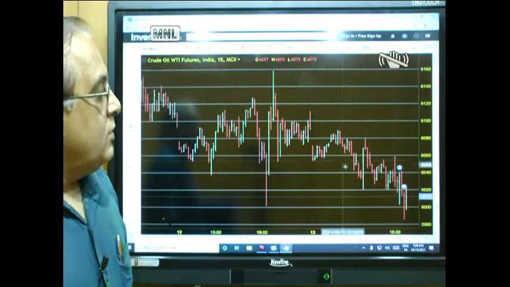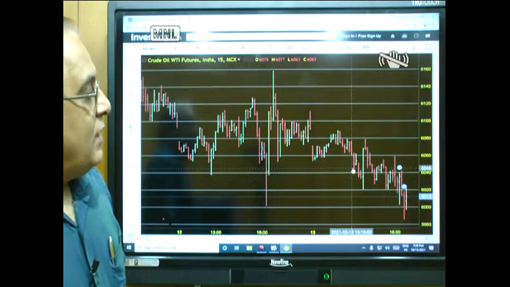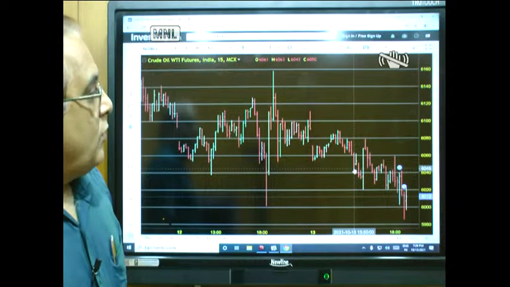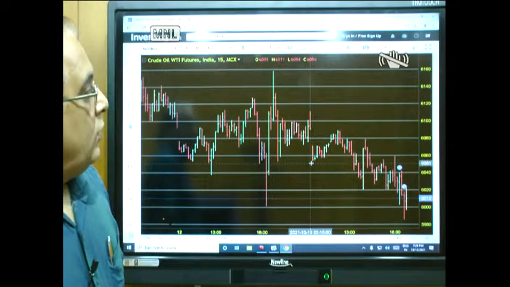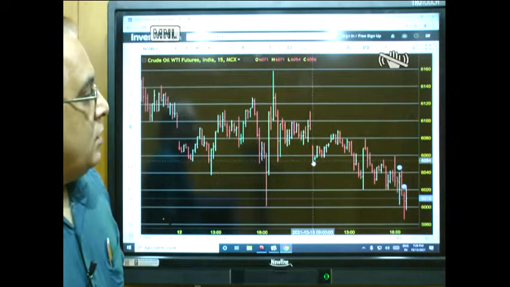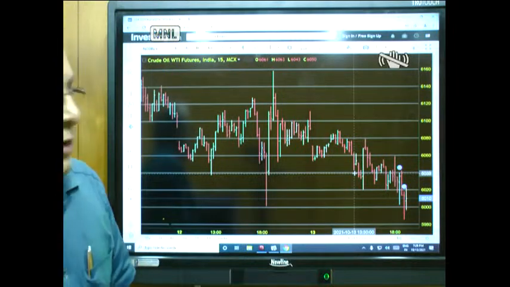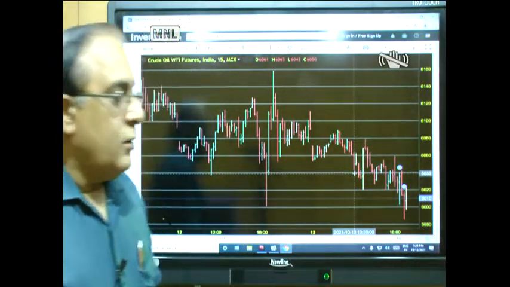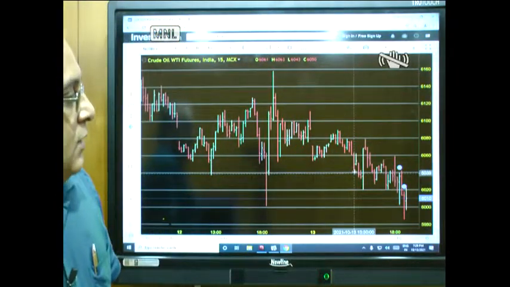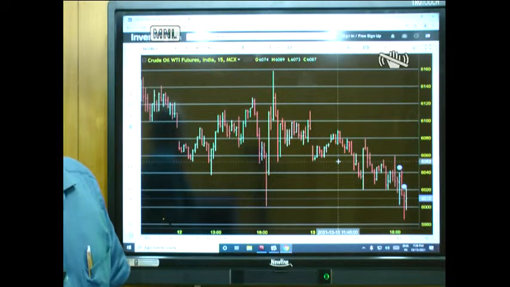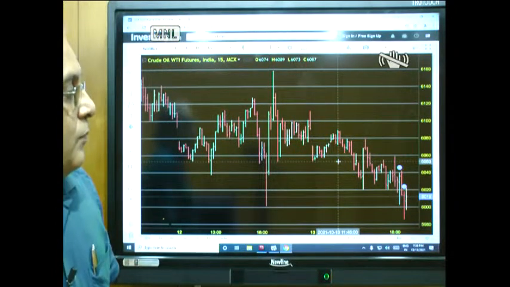And we were just imagining the 6047 levels, right? 6047, 6054 was here, and this is 6043. Once this level was broken, we could have probably gone short again, keeping 6084 as a stop loss.